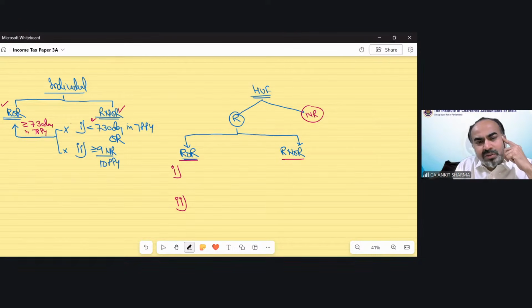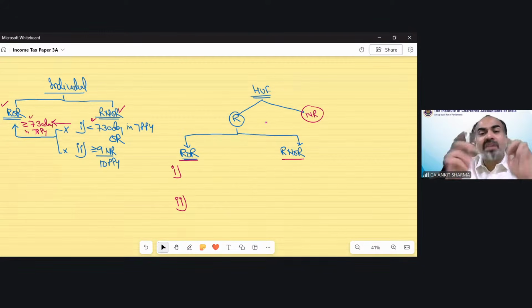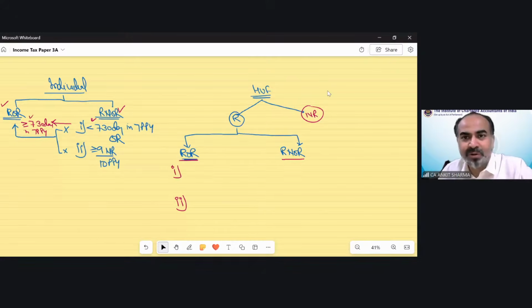Less than 730 was required, so when this condition is not satisfied, the individual is at 730 days or more in the 7 PPY. If this does not satisfy, that means he or she is in India for 730 days or more. Is it correct or not?